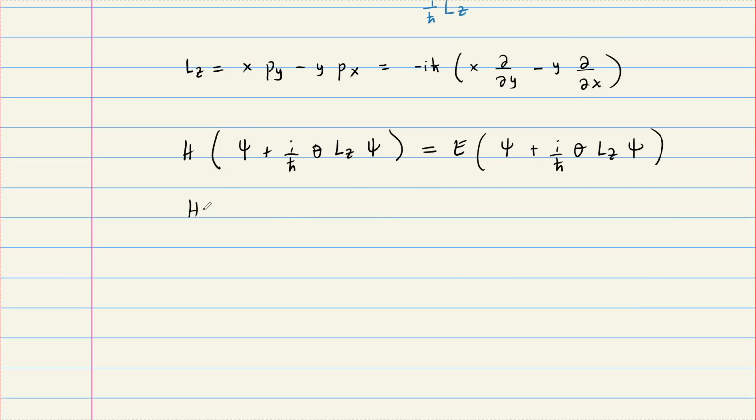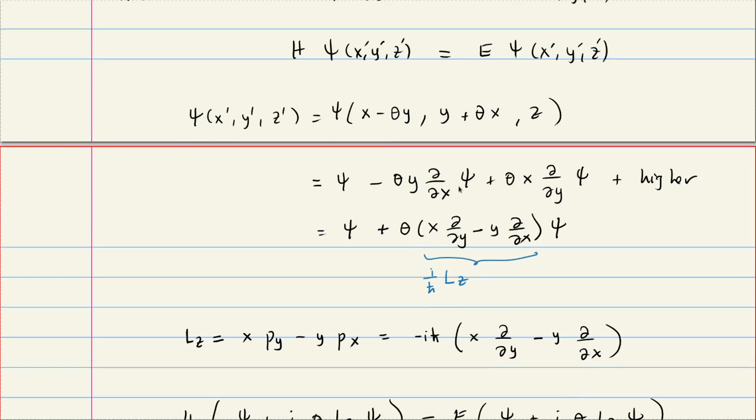Let me write it in two steps: H psi plus i over h bar theta H Lz psi is equal to E psi plus i over h bar theta E Lz psi. H psi is E psi, given to us in the original coordinates.